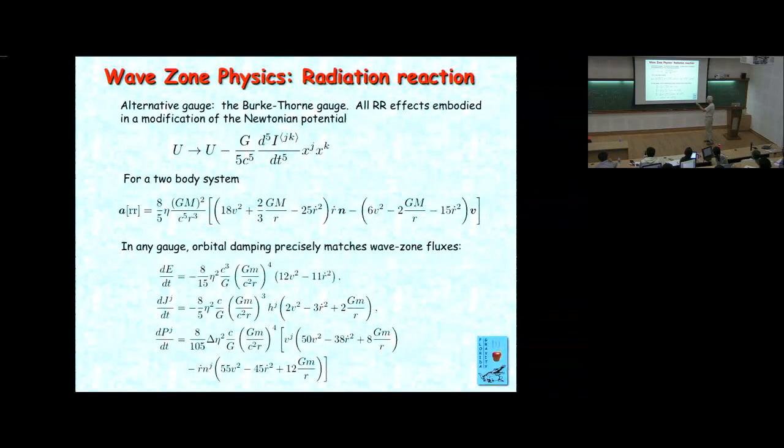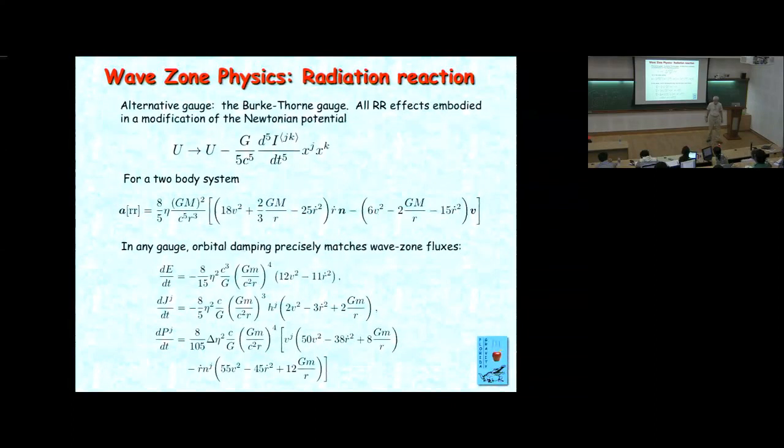So the new potential is equal to the standard Newtonian potential plus a 2.5 post-Newtonian correction term that involves 5 time derivatives of the quadrupole moment. This is the STF part of the quadrupole moment times x^j x^k.